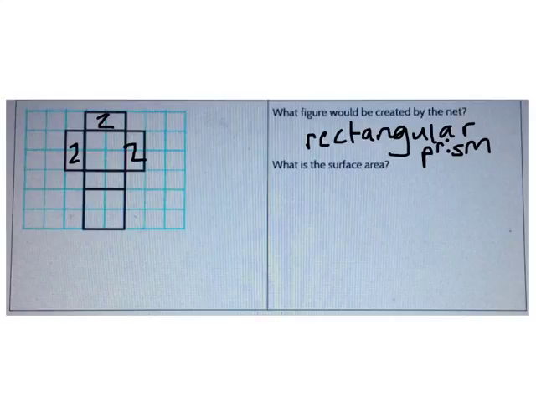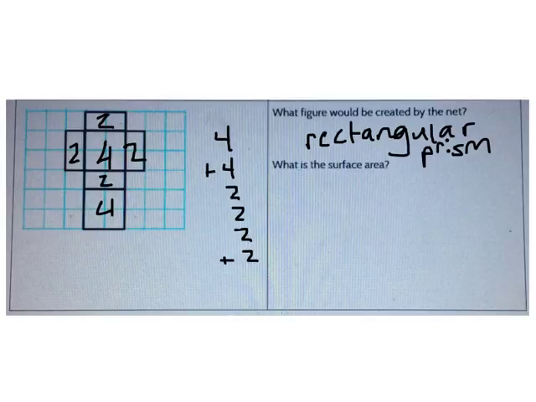What's the area of the square? It's 4. What's the area of the rectangle between the two squares? It's 2. What's the area of the bottom square? It's 4. I can add up all of those areas to find the surface area.